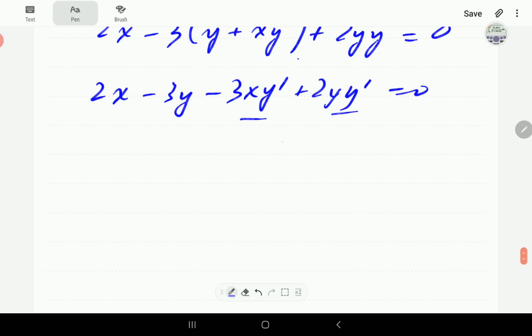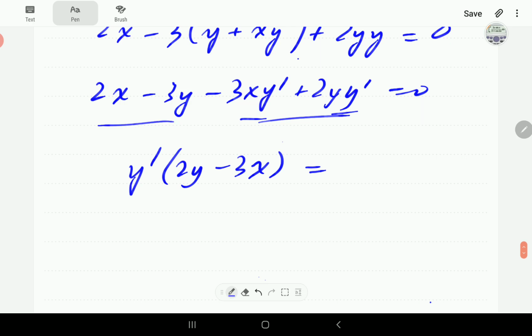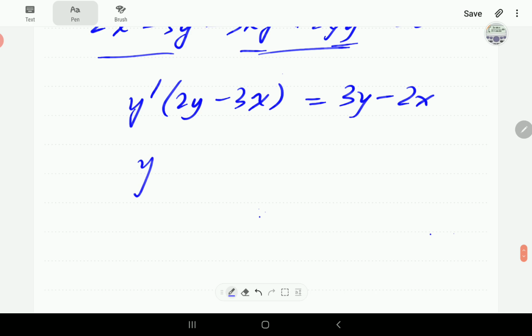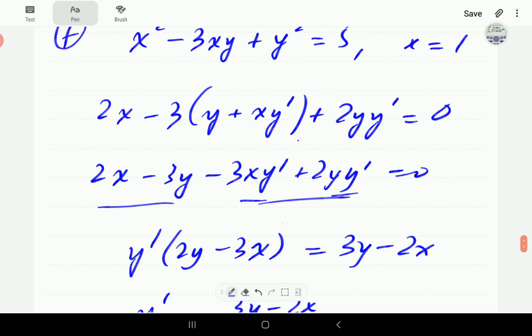These are the two terms that involve y prime, so we keep them on the left hand side: 2y minus 3x, and the other two terms we take to the right hand side. So y prime is 3y minus 2x divided by 2y minus 3x. That's the derivative.